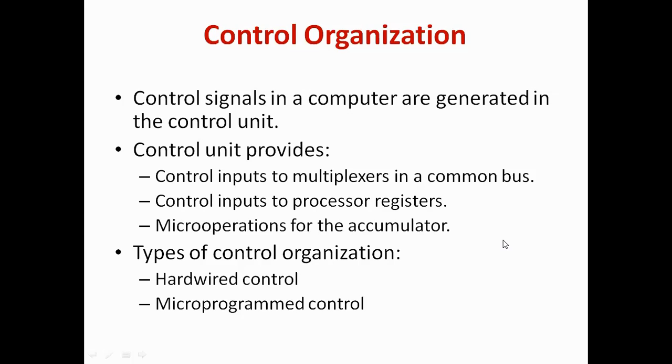And we say that there are two types of control organizations majorly. So on the basis of that, there will be two types of control units. Either it will be a hardwired control unit or it will be a micro-programmed control unit. As the name suggests, hardwired control. What does that mean?